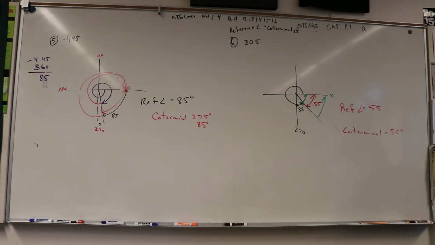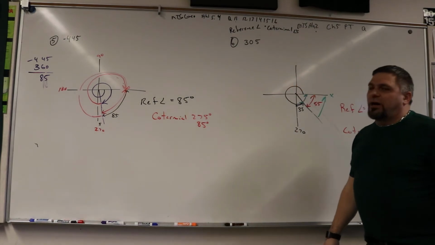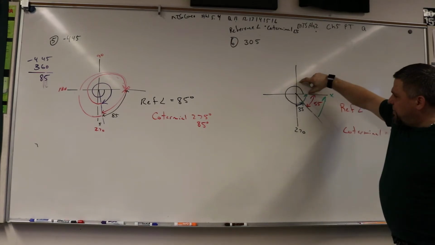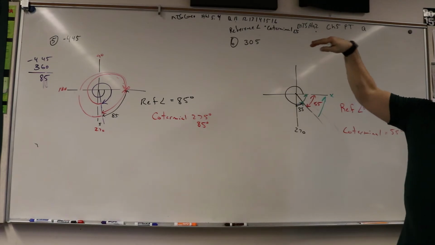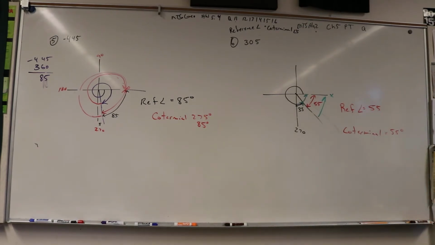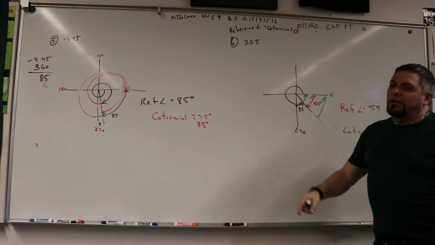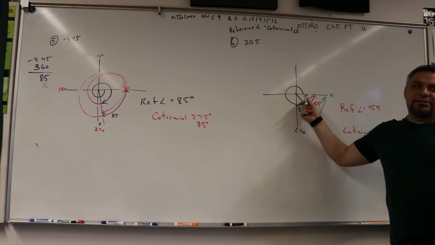Now, your coterminal can also be how much past the circle you are. So if you go past it, that can be your coterminal also. In this case, technically, your coterminal could be the 305, because that's how much past zero you are.